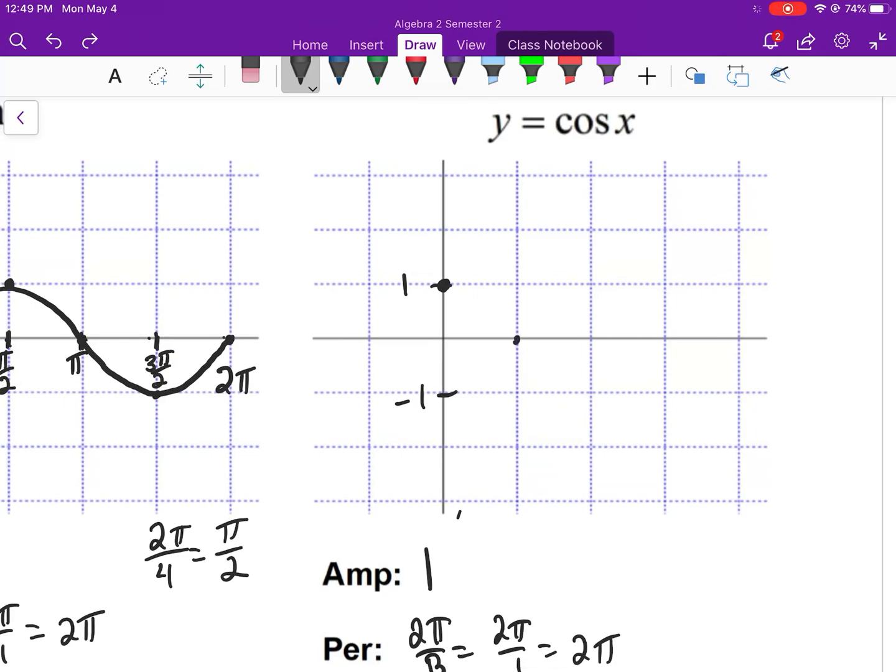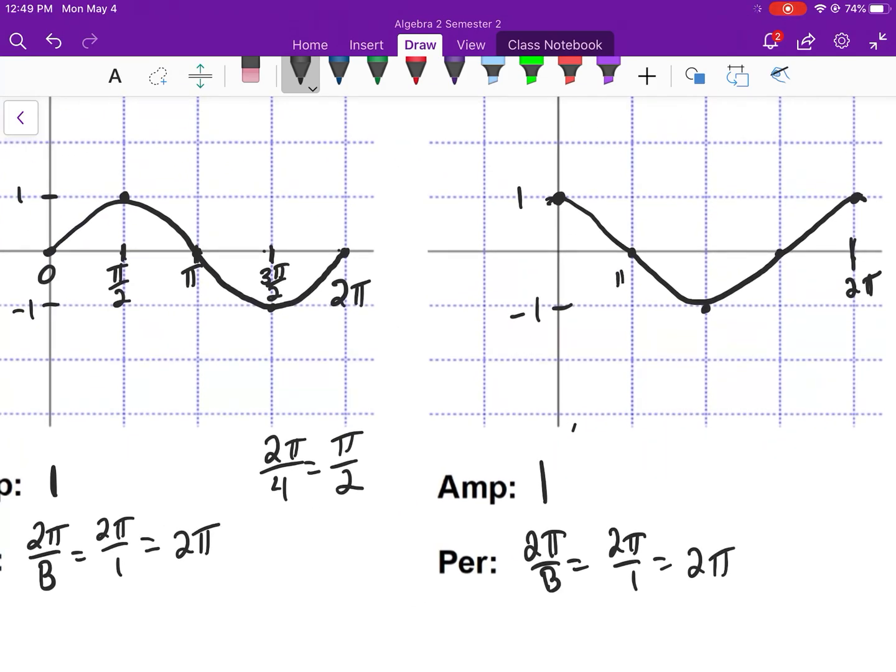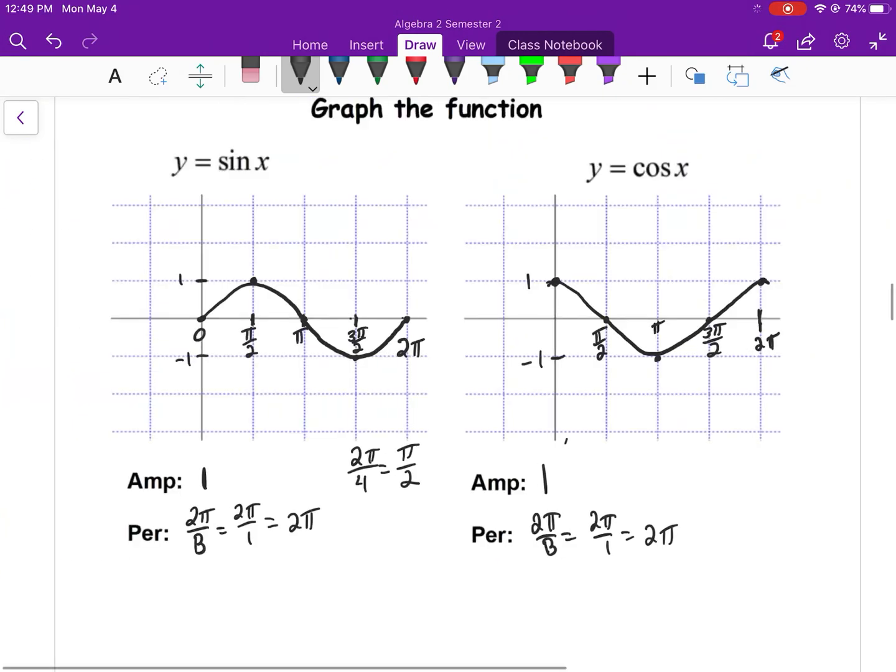So again, we start at the peak, go to the midline, bottom, midline, peak. There is your cosine wave. Okay, and again, our period was 2 pi. And we already divided that by 4. We got pi over 2, so counting by pi over 2, pi, 3 pi over 2. There's our cosine wave.